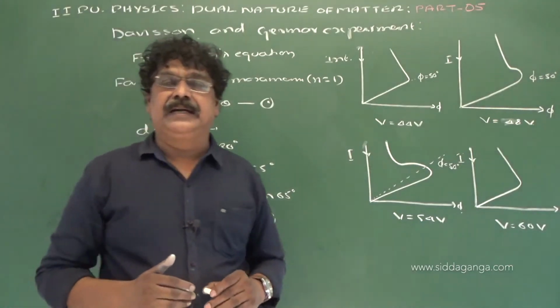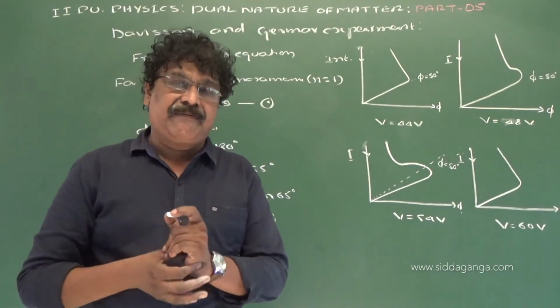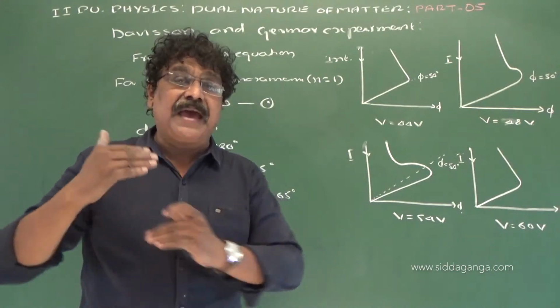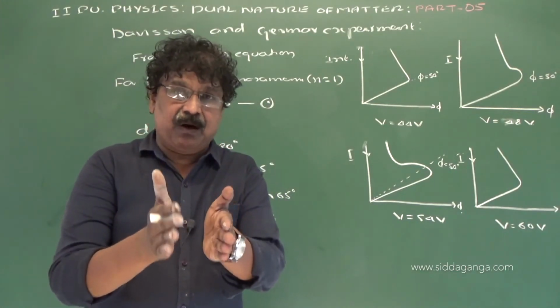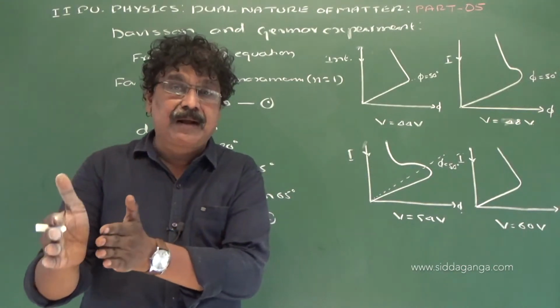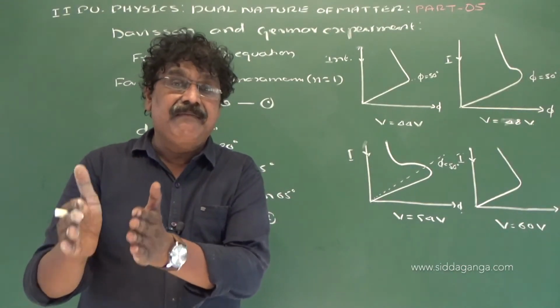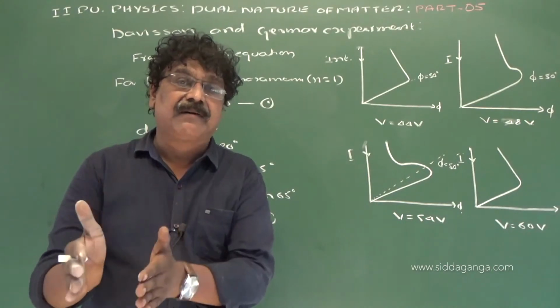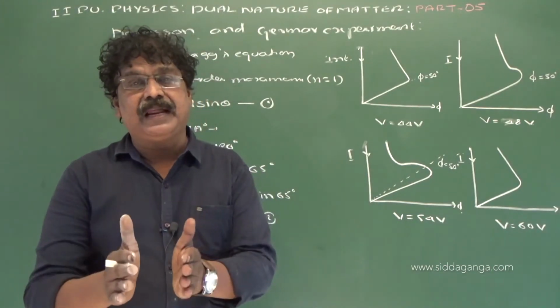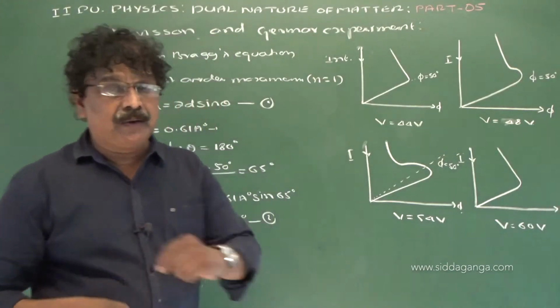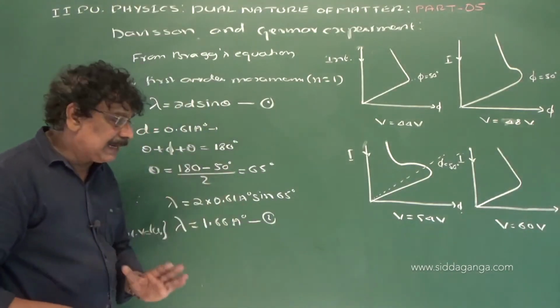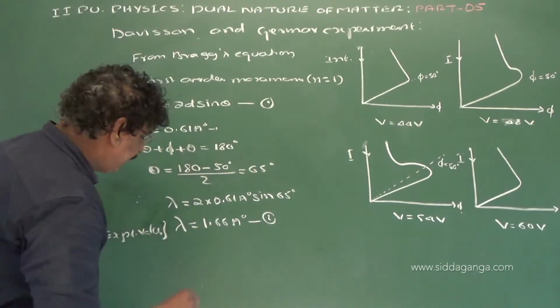And we know the fact that the diffraction effect is maximum when the wavelength of light or any wave is comparable with the width of the slit or size of the obstacle. Then only can we observe the maximum diffraction effect. Now here we can calculate the theoretical value of de Broglie wavelength.